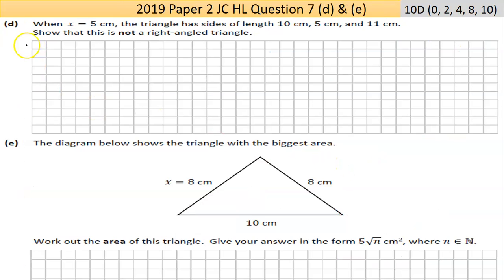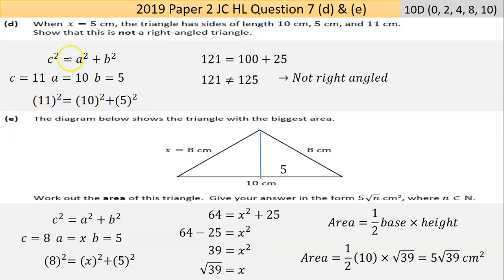That's part 3 there. Now part D and 17E are marked together. When x is equal to 5, the triangle has sides of length 10, 5, and 11. Show that this is not a right angle triangle. One thing about a right angle triangle is, if it's right angled, it should satisfy Pythagoras. Pythagoras' theorem is given in the maths tables as c squared equals a squared plus b squared.